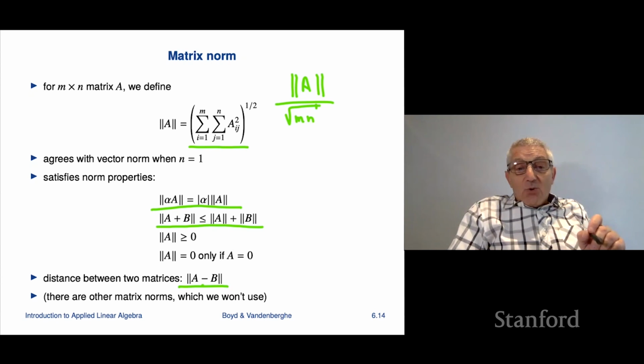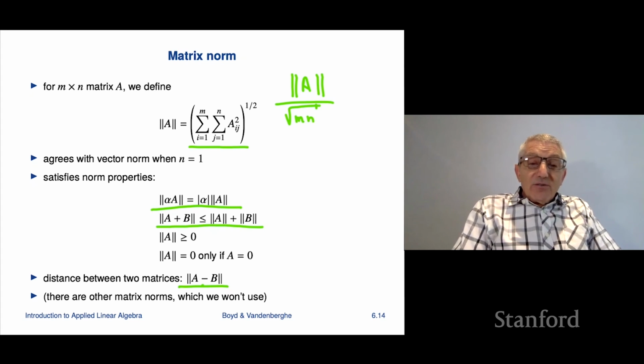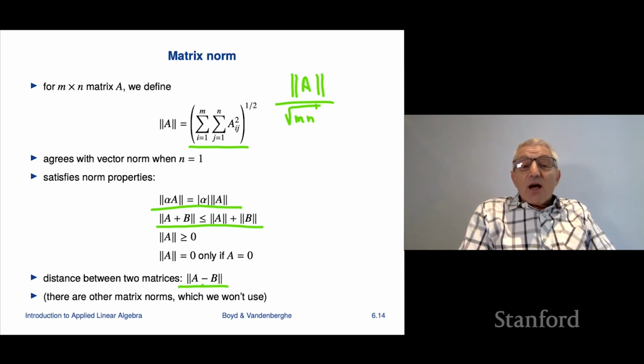One thing before we go on, and I'm not going to come back to this: it's true for vectors as well, there are other norms than the square root of the sum of the squares. And there are other norms of a matrix other than the square root of the sum of the squares of the entries.